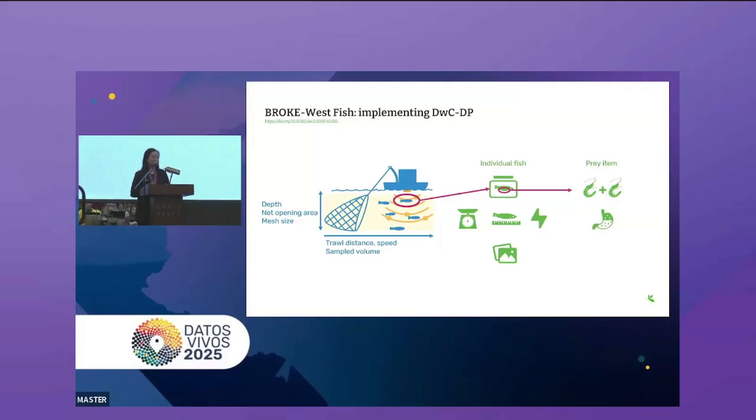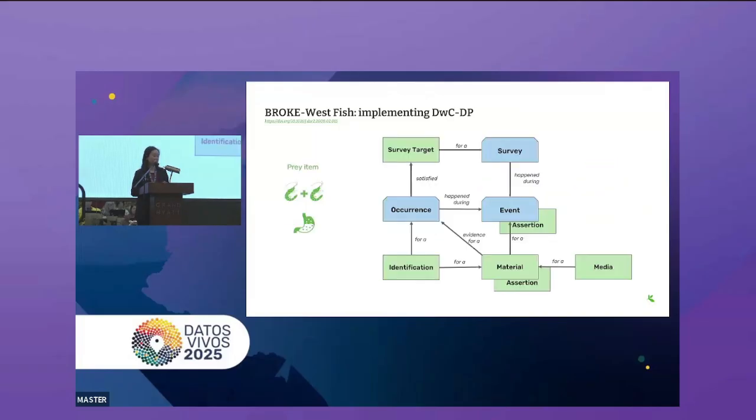For some of the fish, their stomach content was also assessed using binoculars. The prey items were identified and counted, and the degree of digestion was recorded. So to do this, the prey items and their identification go to the material table as a nested material. Degree of digestion is an assertion to this material.